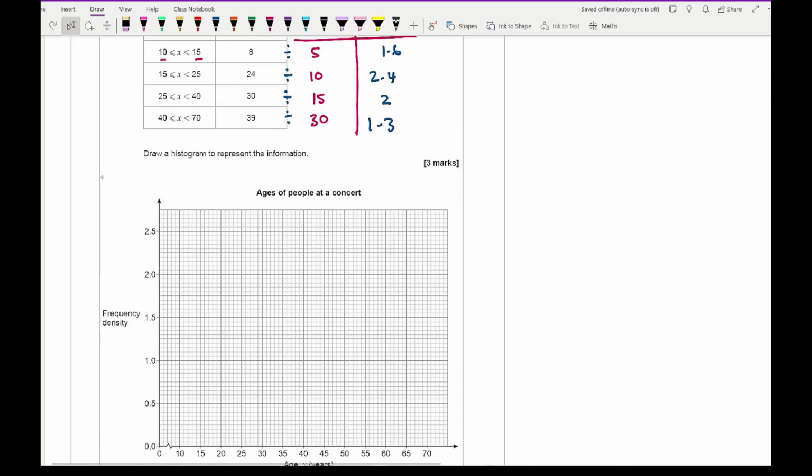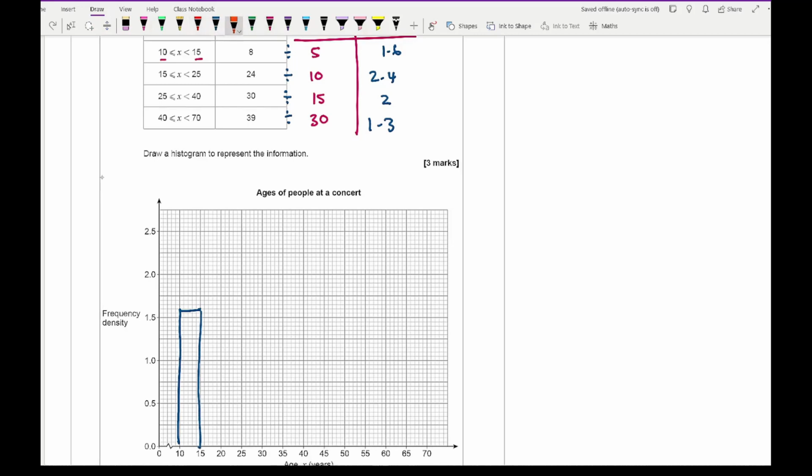Going up in, say, 2's, 1.6 squares above there. Again, you should be using a ruler. And then the next one is at 2.4 between 15 and 25.